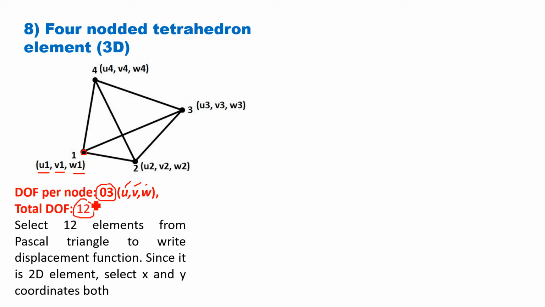But out of these 12, 4 degrees of freedom are in the x direction, 4 degrees of freedom are in the y direction, and 4 degrees of freedom in the z direction. So displacement in the x direction is represented by u, displacement in the y direction is represented by v, and displacement in the z direction is represented by w. Right?